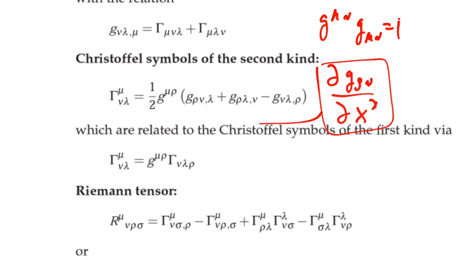That's what this means. And notice it's just got one comma, which means it's just a regular, ordinary derivative. So I would have written this G rho nu one line lambda in my notation. But the point is the connection is given in terms of the metric.